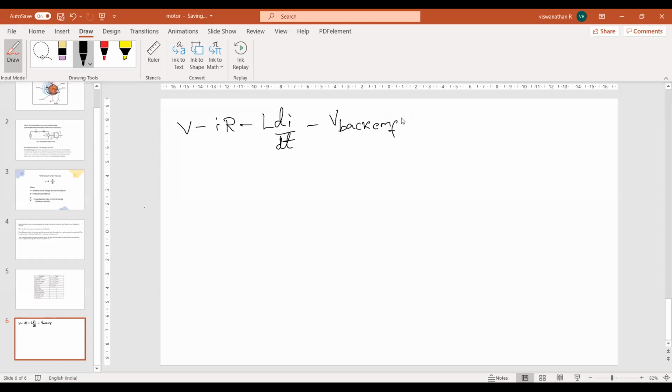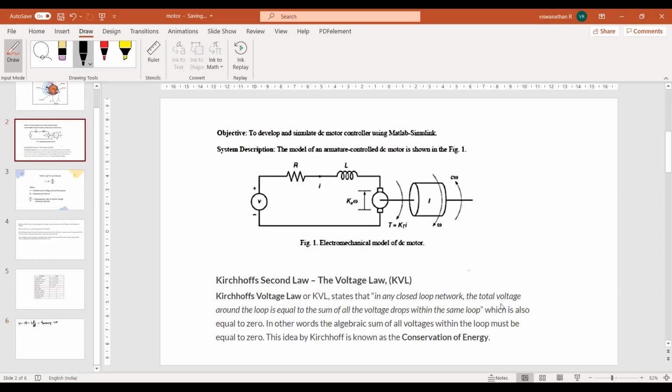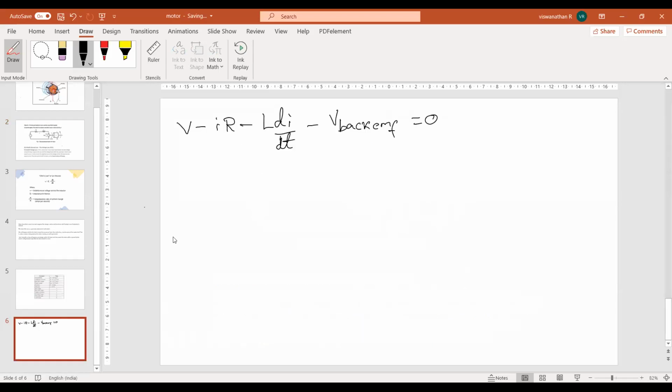So the algebraic sum of all these must be equal to 0. This is what Kirchhoff's voltage law says: in any closed loop network, the total voltage around the loop is equal to the sum of all the voltage drops within the same loop, which is also equal to 0. So that is what I have written here. Why the minus sign? Because these are all opposing. The input is voltage V, and these are all opposing ones, so they are all minus, equal to 0.